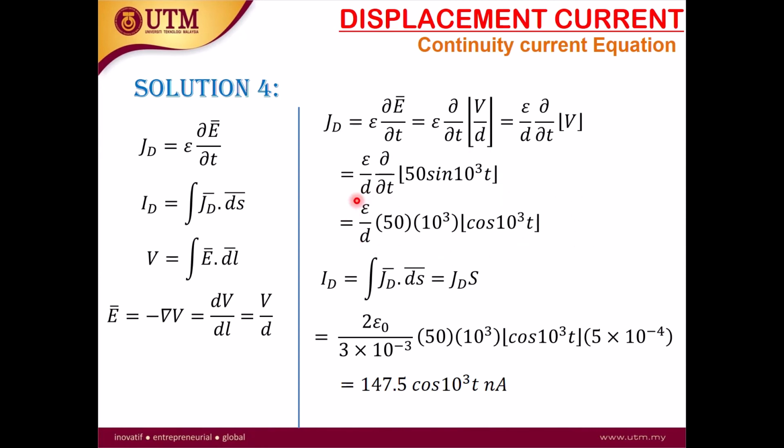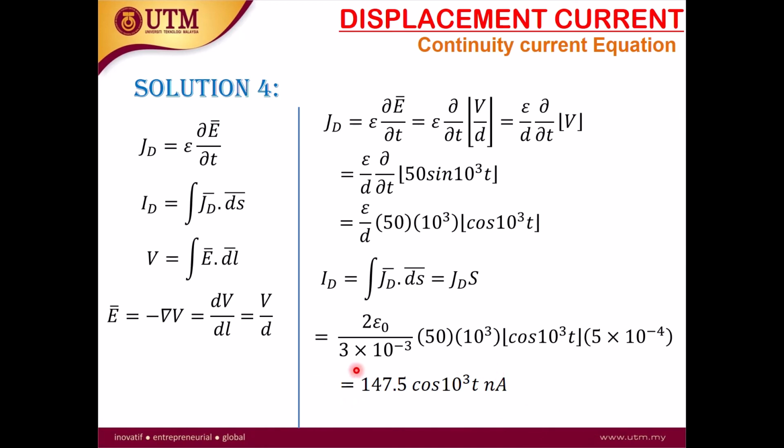I'm not solving it now. Then I_D is equal to the integration of the current density dot dS. In this case S is a constant area, so we put S, and J_D is J_D. When we solve this, we get I_D equal to 147.5 cos 10 to the power of 3 t nanoampere.